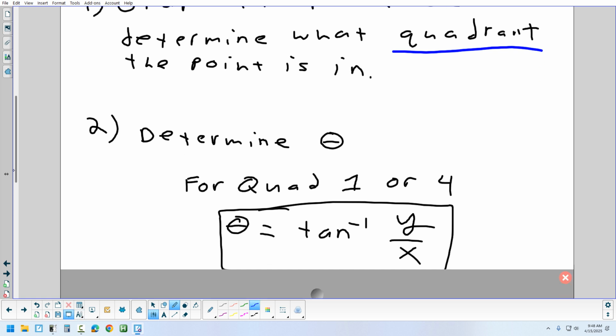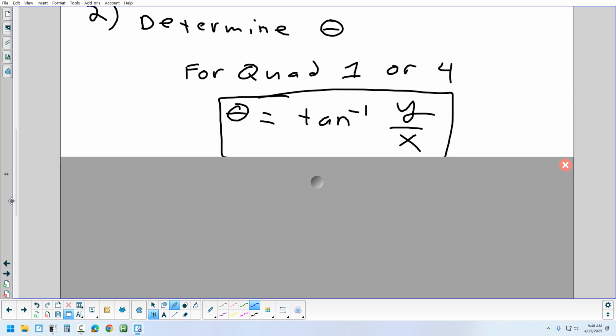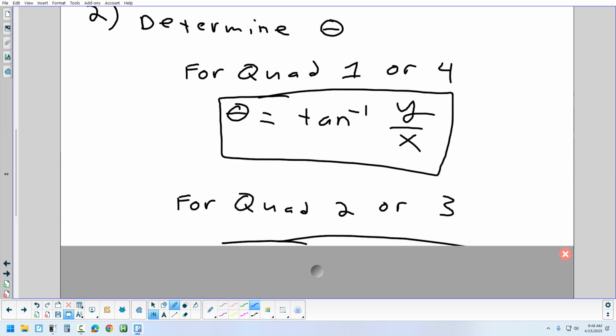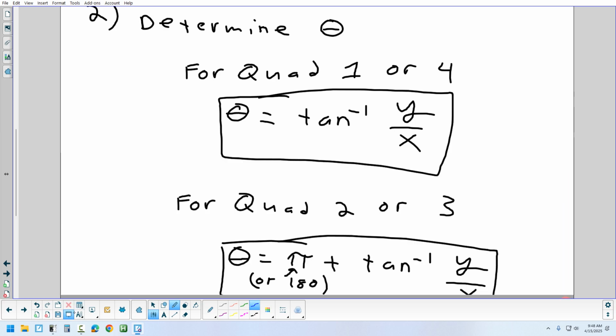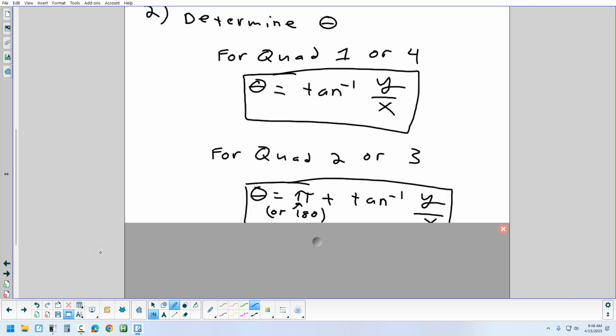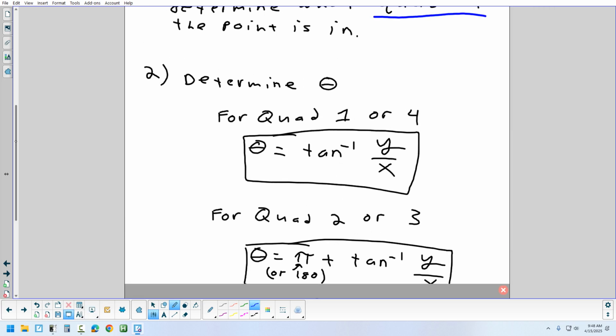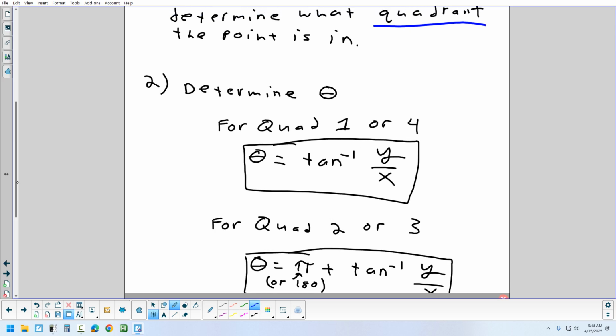If you want to get an answer in quadrants 2 or 3, you have to add 180 to the inverse tangent of y over x, or pi, depending on whether you're working in radians or degrees.